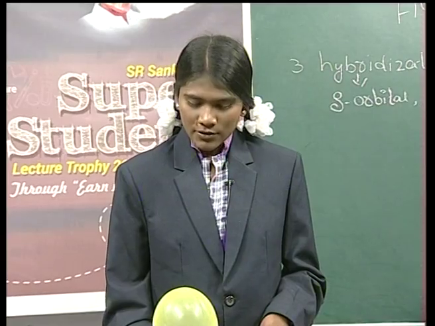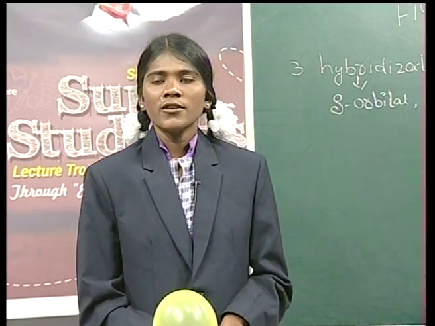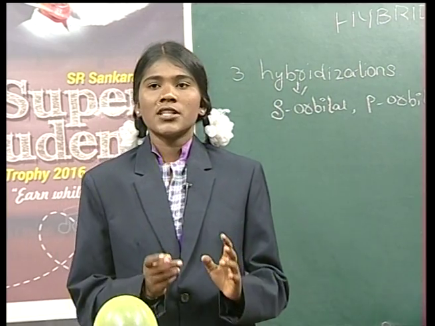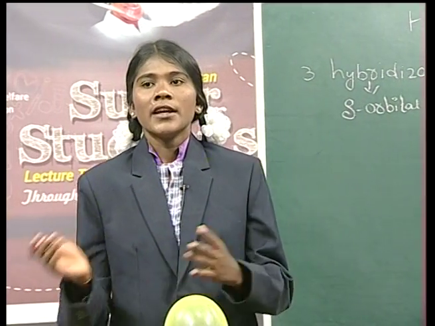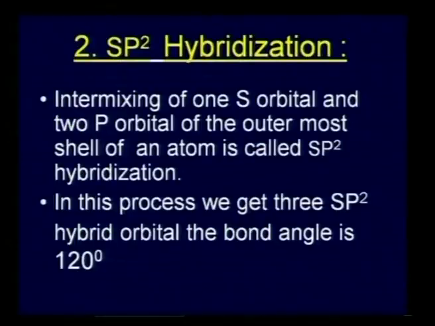Okay friends, now we are going to discuss sp2 hybridization. What do you mean by sp2 hybridization? The intermixing of 1 s orbital and 2 p orbitals of the outermost shell of an atom is called sp2 hybridization. See this slide. Are you understanding?